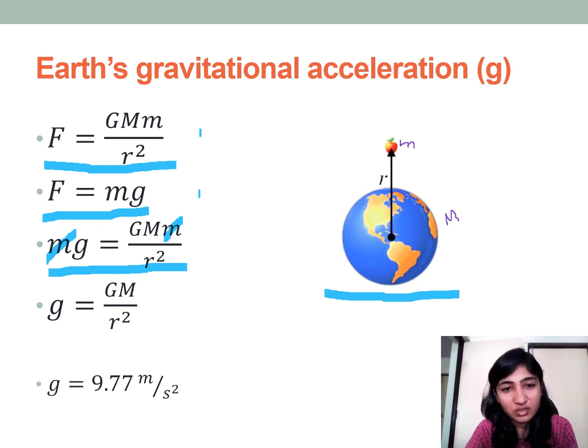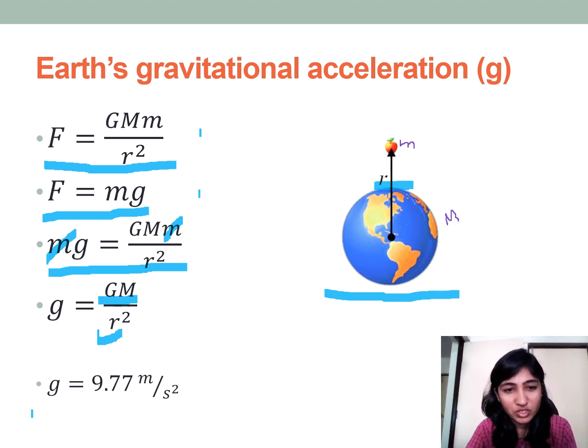So G is the gravitational constant, M is the mass of the Earth, which is also known, and r is the distance of the object from the center. For an object on the Earth's surface, say here, the distance will be just the radius of the Earth, right?